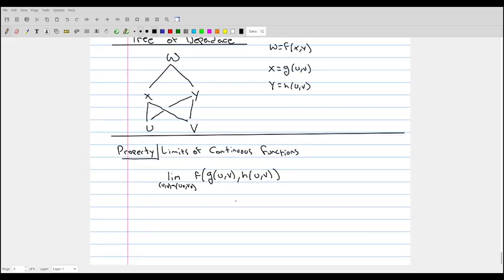If these functions are all continuous, so f is continuous, g is continuous, and h is continuous, this is the same thing as f of the limit as u v goes to u naught v naught of g, and then the limit of h.